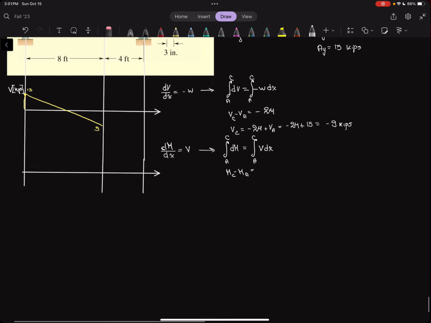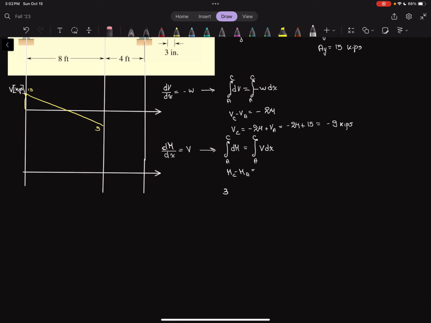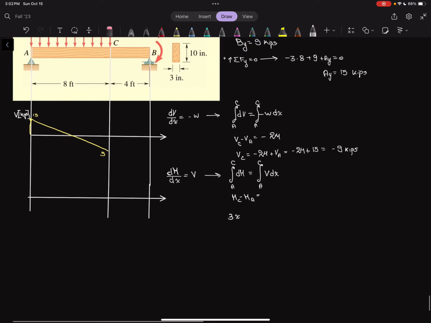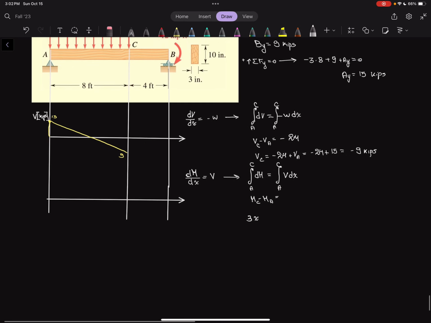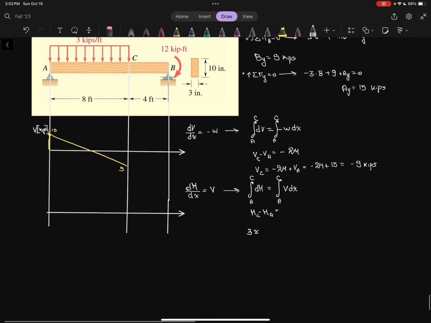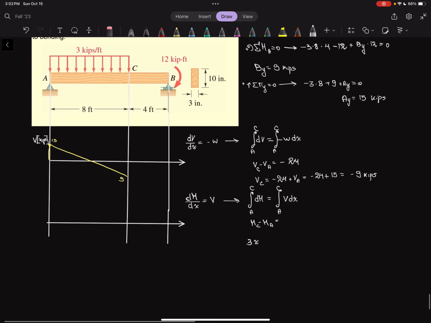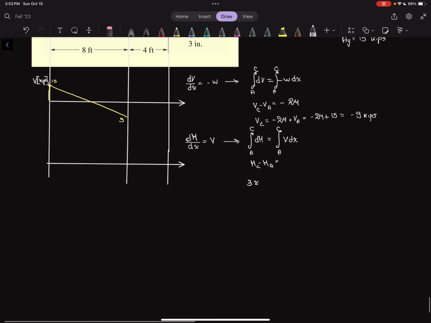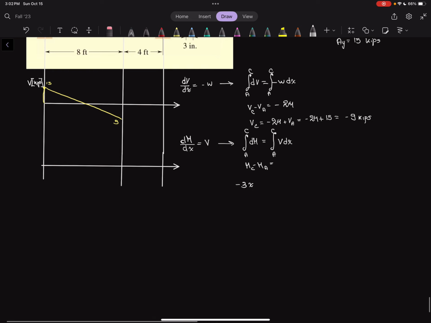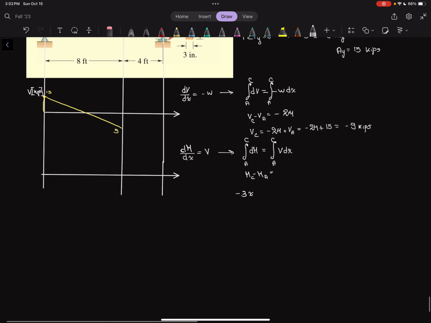And so that's kind of like saying 3 times x, and it's negative. That's going to be my shear. You kind of have to find the shear.